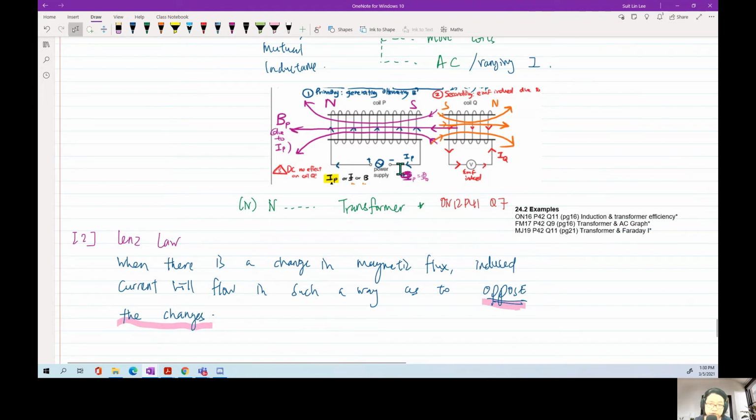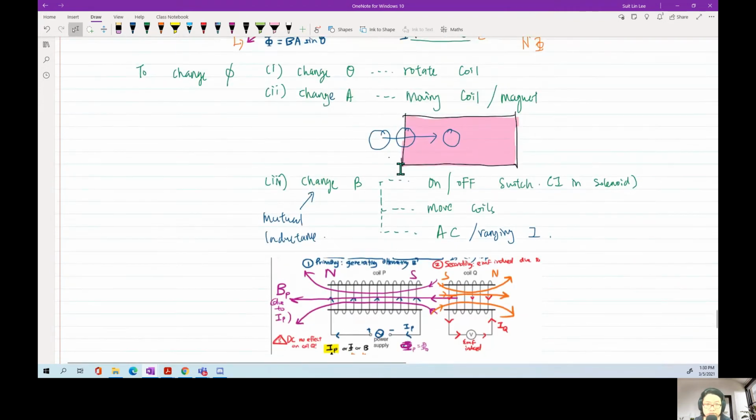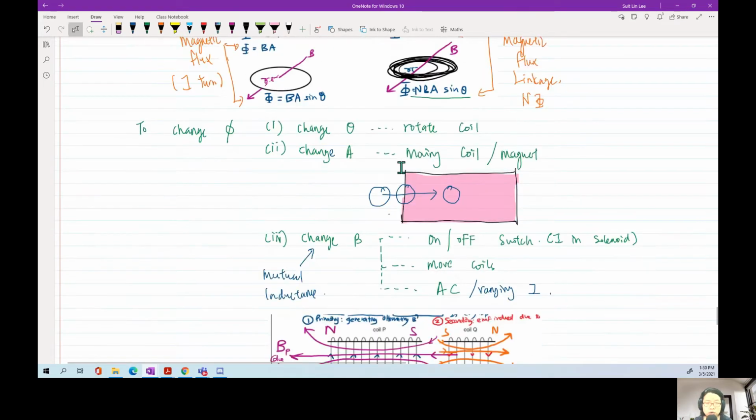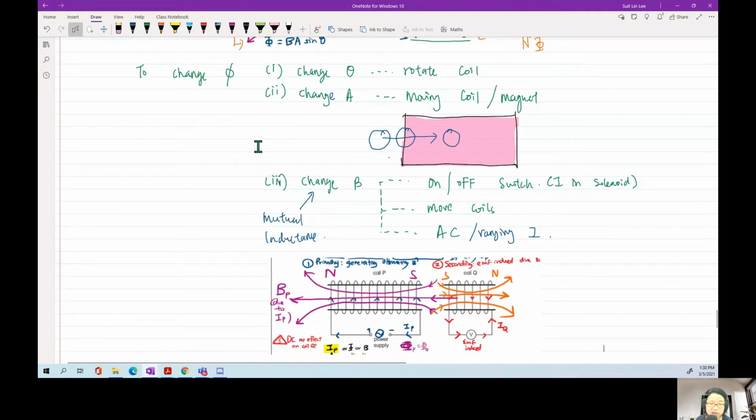So transformer normally comes together with Lenz's law. There is nothing else to teach in this topic because we are going to apply ideas of how changes in flux cause an induced EMF, and we should be able to explain, describe, sketch, calculate.